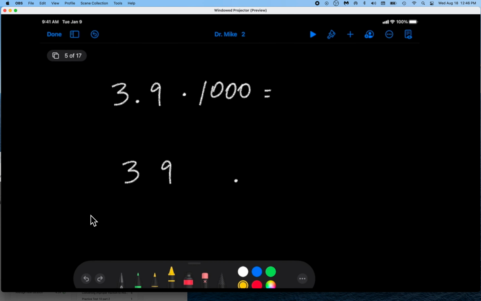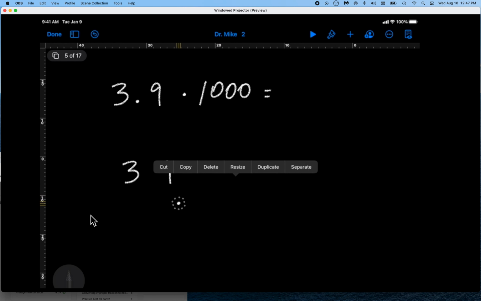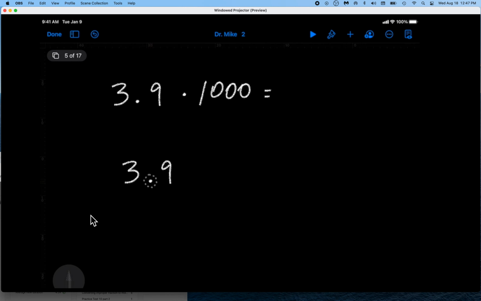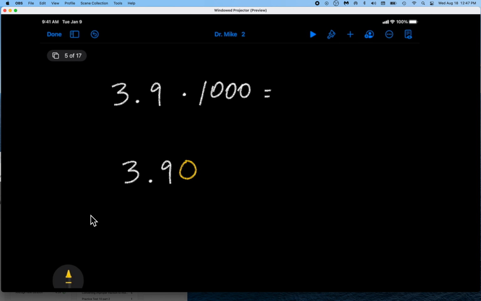So this is what I like to do. Let's get that decimal place back where it was. And before we move it to the right, I'm going to put in some phantom zeros. I'm going to give myself a place to put the decimal place. And if I have a couple extra zeros here, that's okay.